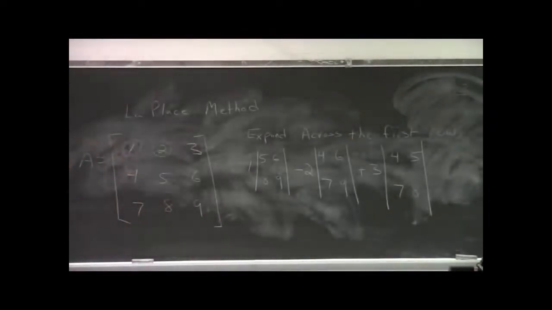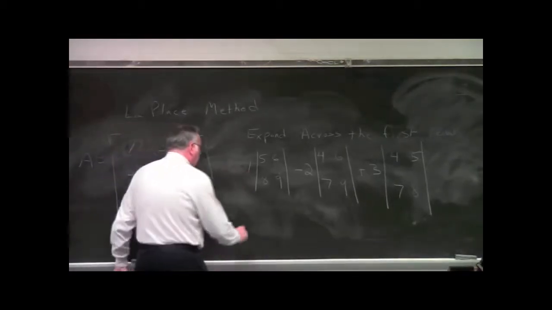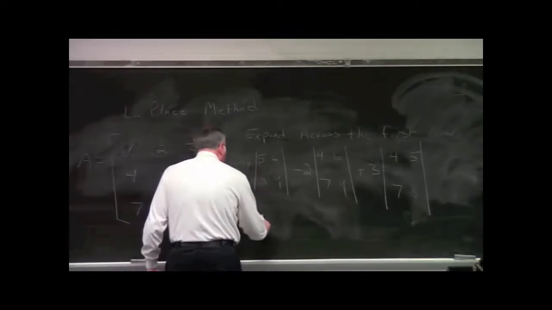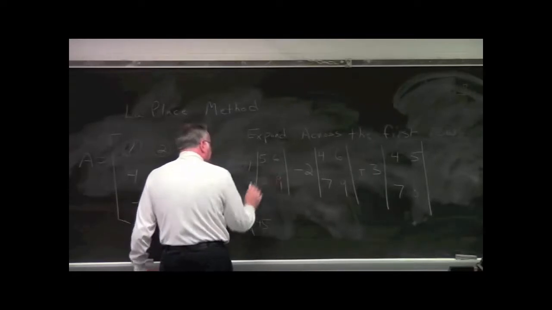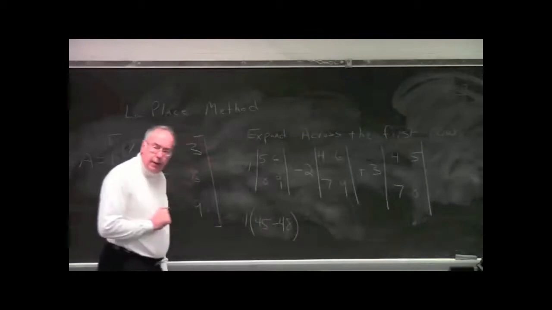And now we have to calculate these 2 by 2 determinants and multiply them by their coefficients. Okay, so we have 1 times, when we evaluate this determinant, it's 45 minus 48. Okay.